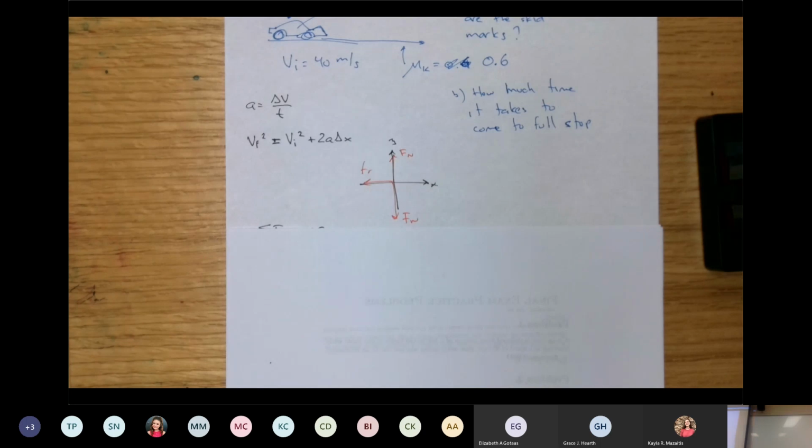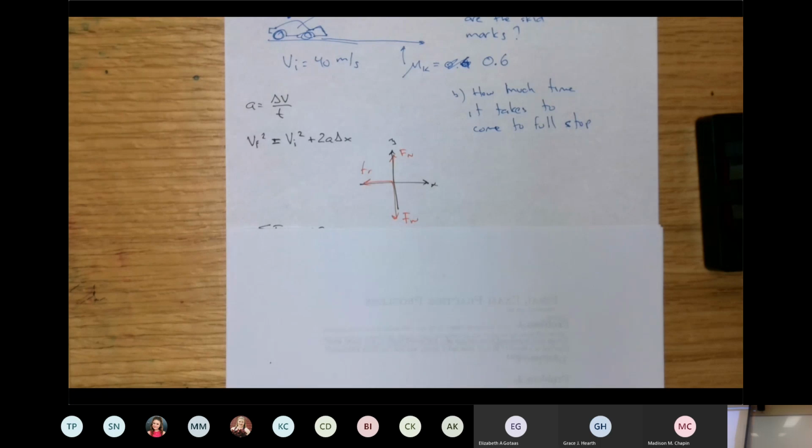So during the simulation, just be careful. So this will be your final velocity, because you want to find out when it comes to a full stop, so the final velocity is zero.